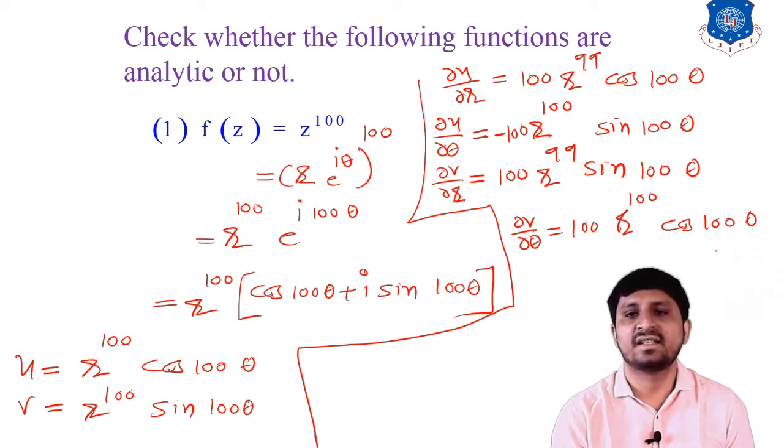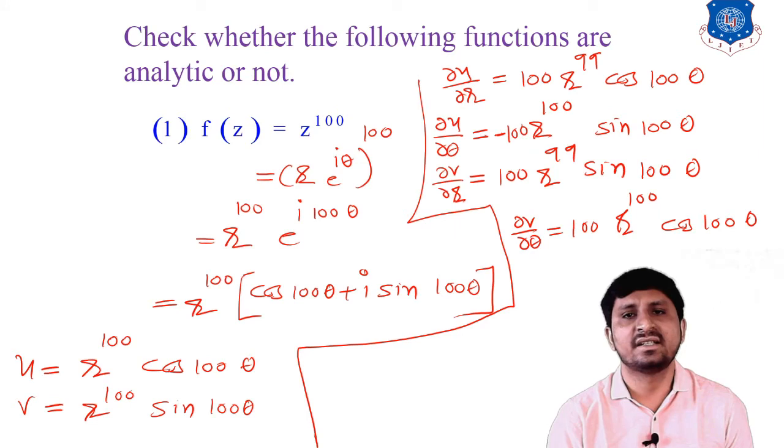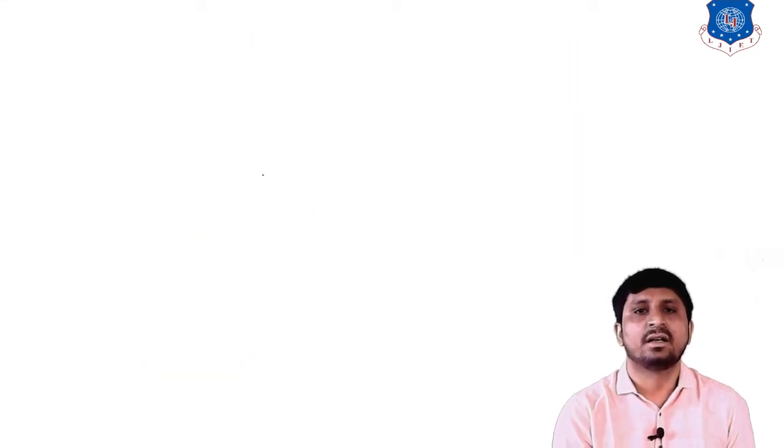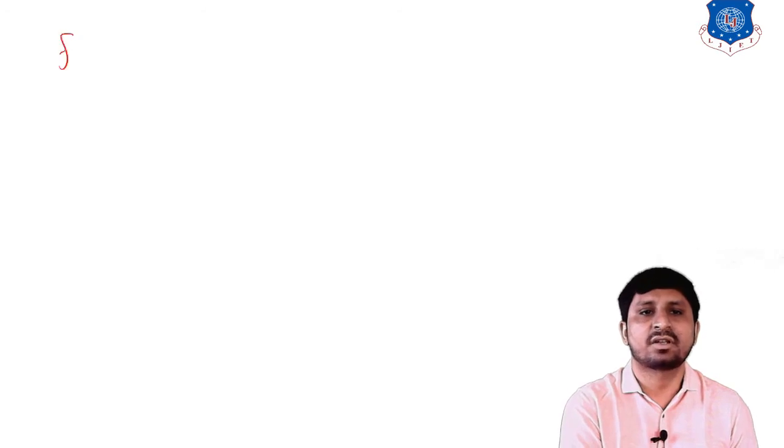If we divide del v by del theta by r, that is exactly del u by del r, so del u by del r is equal to 1 upon r del v by del theta. Similarly you can check that del v by del r is exactly minus 1 upon r del u by del theta. So clearly the CR equations are satisfied, and if they are satisfied, this function is analytic.